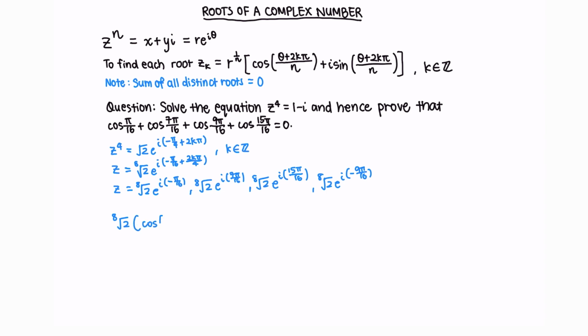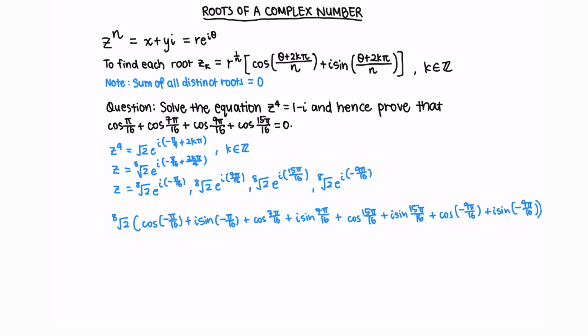I'm going to write cosine negative pi over 16 plus i sine negative pi over 16. Okay, I've written out this really long statement where it basically adds these all together and converts this into trigonometric form. You see over here, e to the power i negative pi over 16 becomes cosine plus i sine, and here becomes equal to this, same for this, and same for this.